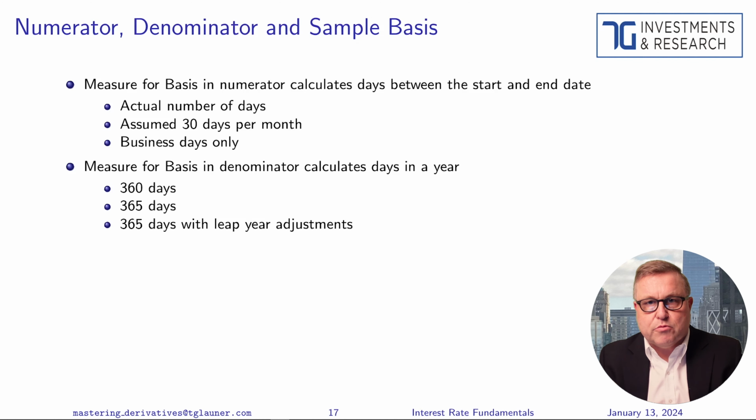Instead, you would use something closer to an average number of business days in a year, around 250, as your denominator. Common denominators include numbers like 360, or perhaps even leap year adjusted figures such as 365, or even other bases like 252 for purely business day calculations.